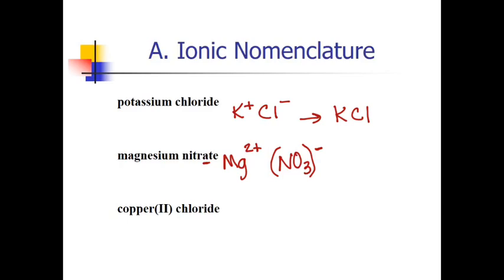So this is where the crossover method comes in. For crossover, we're taking the 2, crossing it over here. We're going to take the understood 1 and cross it right there. 1s in formulas are understood, so you do not have to rewrite that.